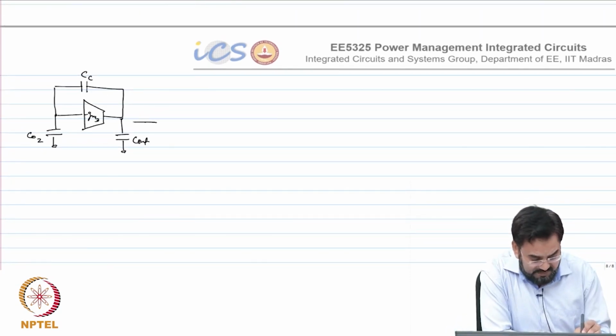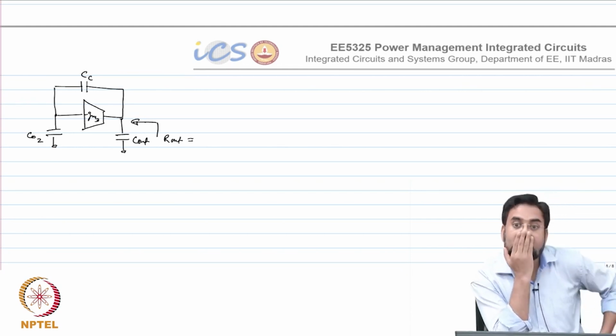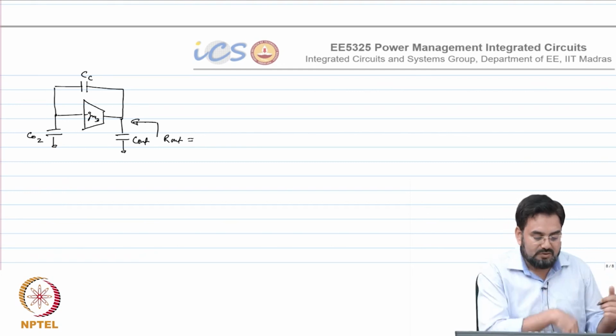Can you tell me the impedance looking into this node? C out plus Cc into 1 plus 1 by GM.